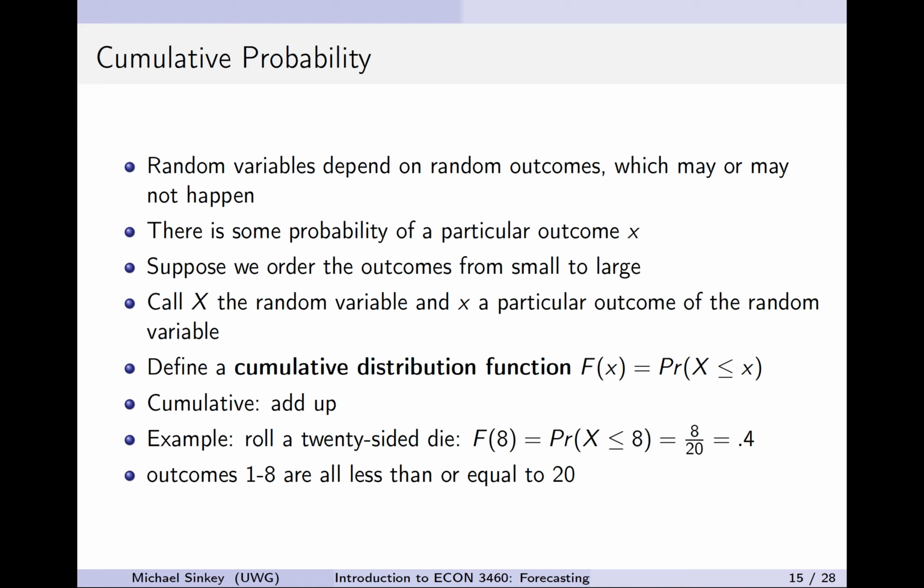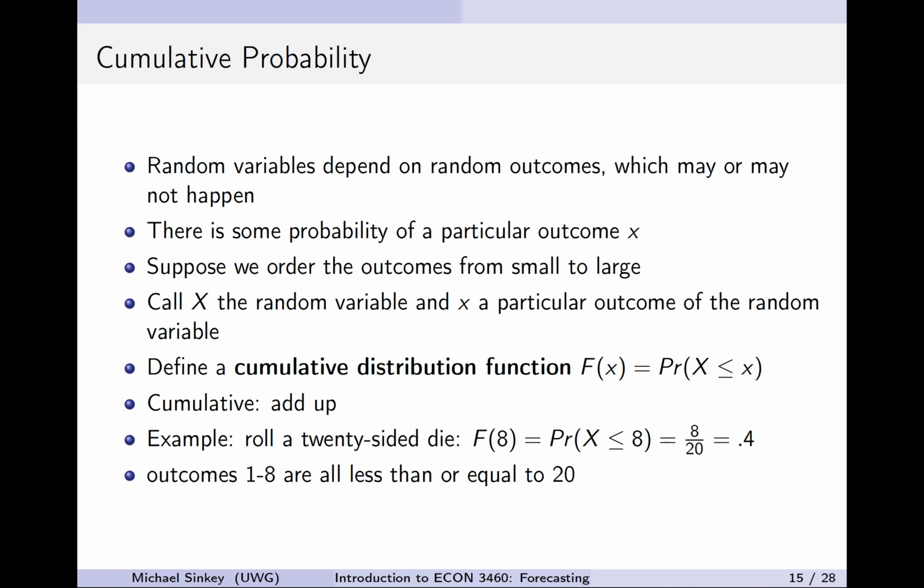Now, this is true not just for equally likely outcomes. Let's say we have a random variable that takes the value 1 with probability 0.1, 2 with probability 0.7, and 4 with probability 0.2. So 100% of the time it'll be a 1, a 2, or a 4, but the probability of 1 is 0.1, the probability of 2 is 0.7, and the probability of 4 is 0.2.